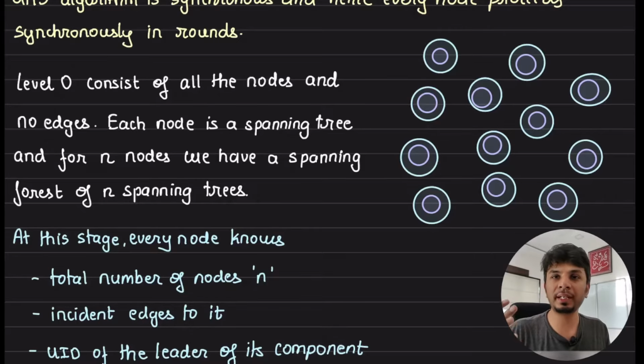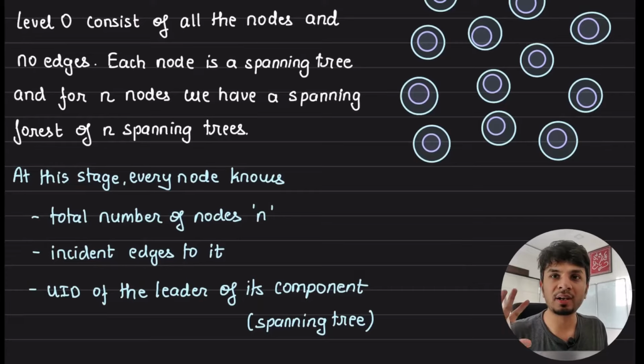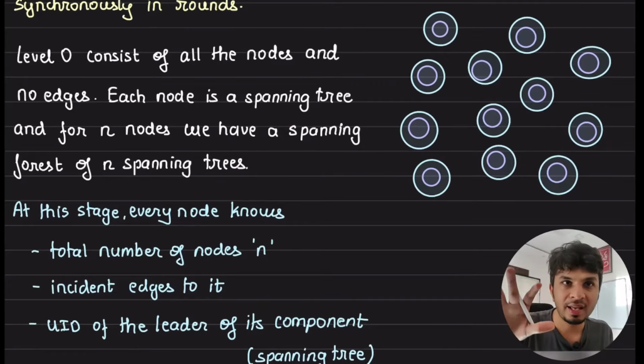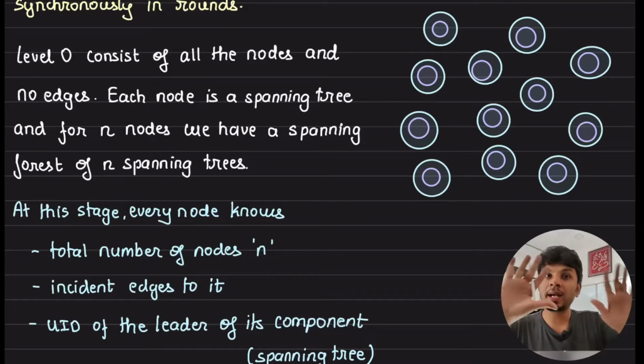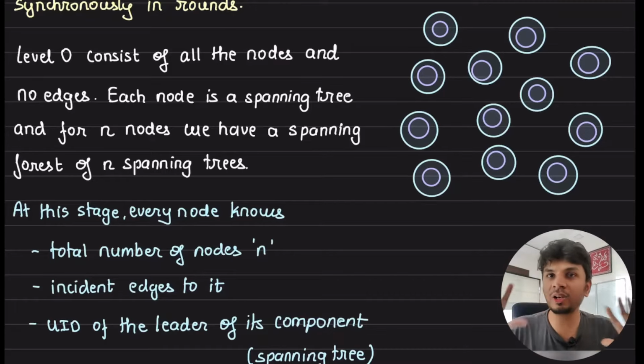And now just to reiterate what every node knows at this stage. At this stage, every single node knows the total number of nodes in my network and the incident edges to it, but none of these edges are part of the minimum spanning tree yet, because there is no need. There are n spanning trees, each having a single node.